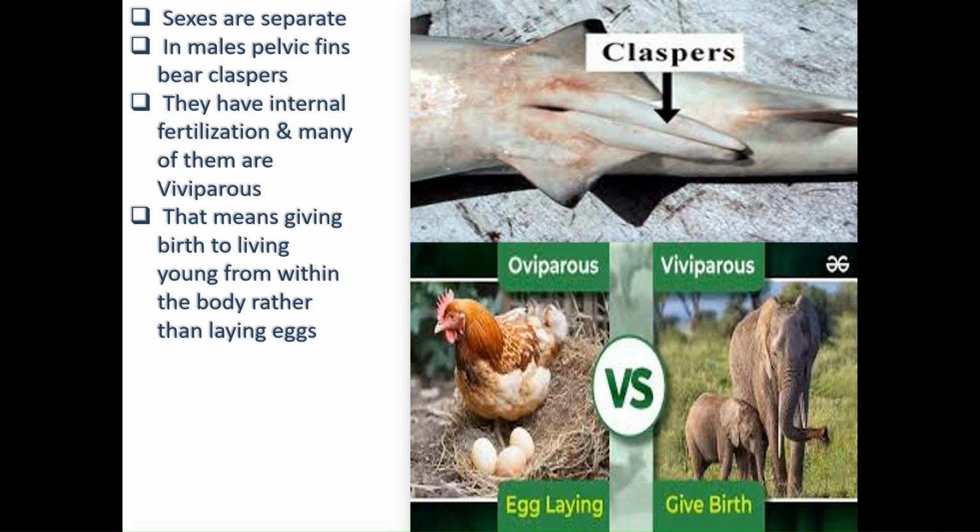And all the birds, they lay eggs. They are oviparous. Some insects, some reptiles are also oviparous. Nearly all the mammals and some reptiles are viviparous. That means they give birth to young ones, not lay eggs. And oviparous, they lay eggs, like the majority of the birds.